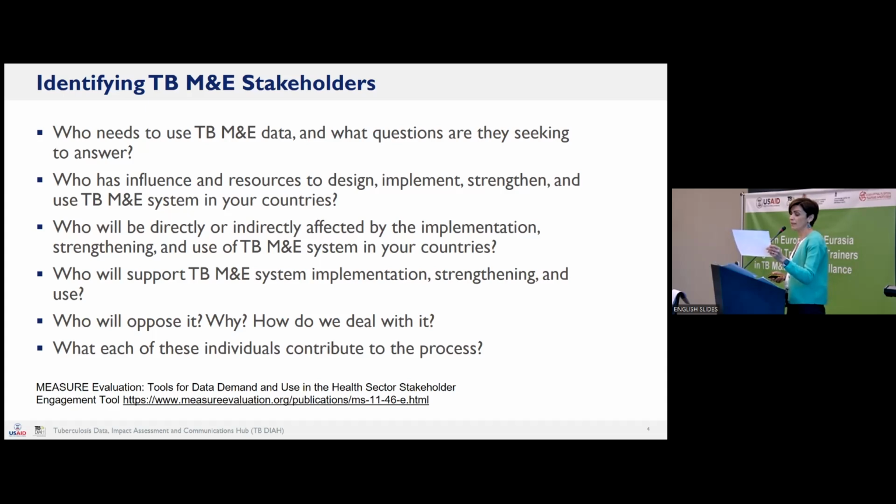Well, the next one is who will support TB system implementation, strengthening, and use in your country? Who might be the stakeholder? Anush, Armenia, please. Well, of course, first of all, this will be the head of the national program, and of course, the head of the monitoring and evaluation department.